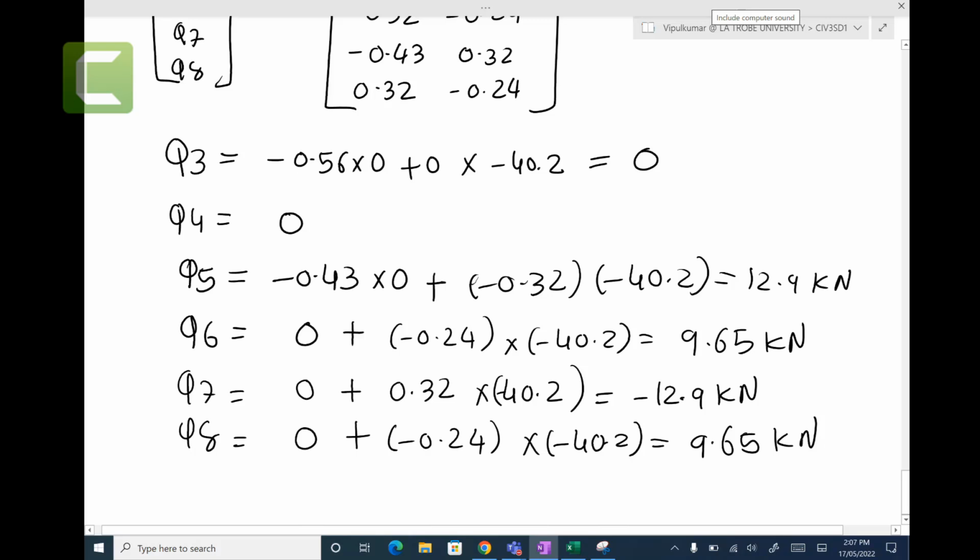Yes, please. If we look at the picture, is that saying that Q3 is 0 and Q4 is 0? Yes, that's right. Q5, the horizontal reaction force, is 12.9.